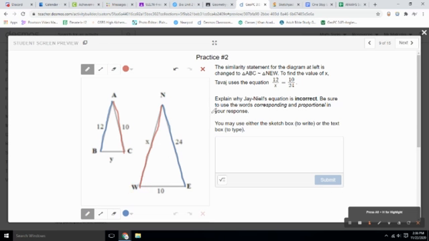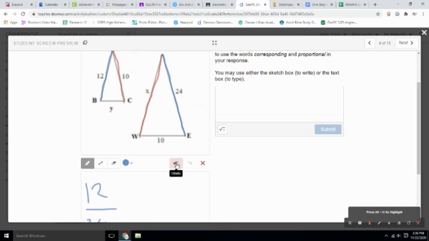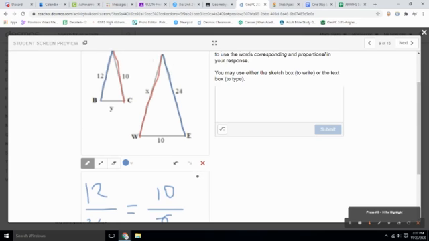Okay? So our new proportion would not be this one. It would be 12 over 24 and 10 over x. Okay? So we would write it 12 over 24 and 10 over x.